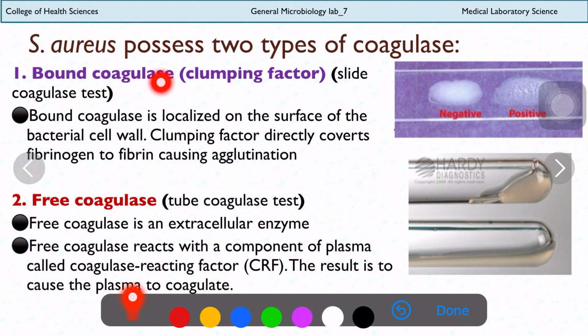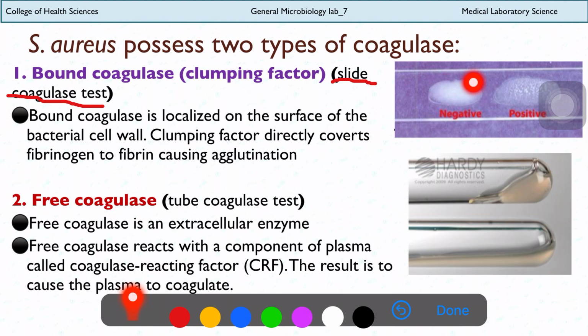Regarding the bound coagulase, it's also known as clumping factor, and you perform this test by using a slide. That's why it's known as the slide coagulase test. So you have to prepare a slide. You can see it here. That's a slide, and you add plasma, and after that you add your bacterial sample, mix and wait.